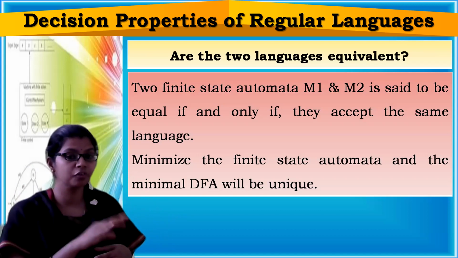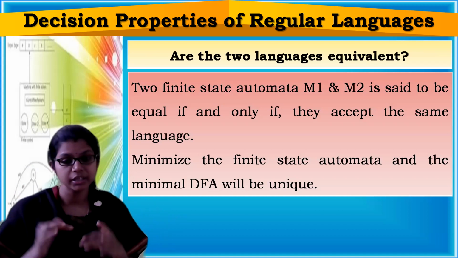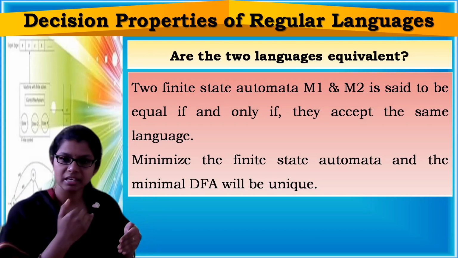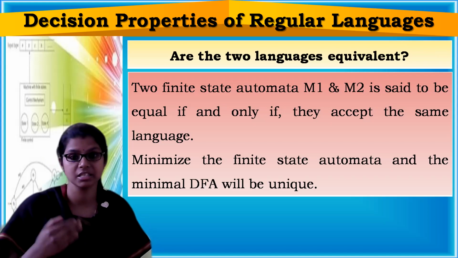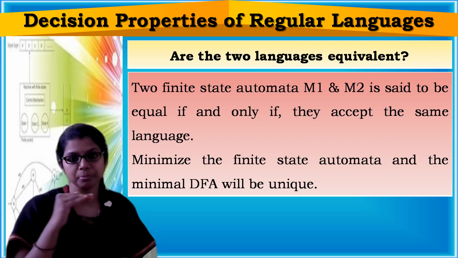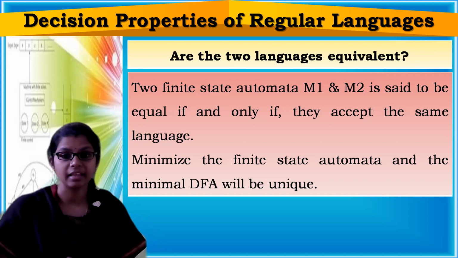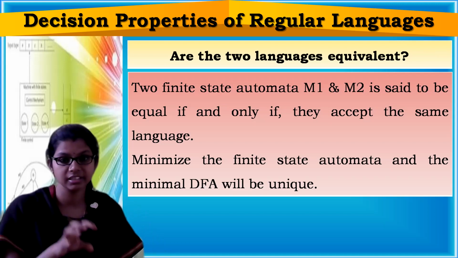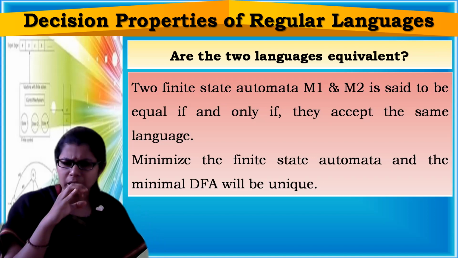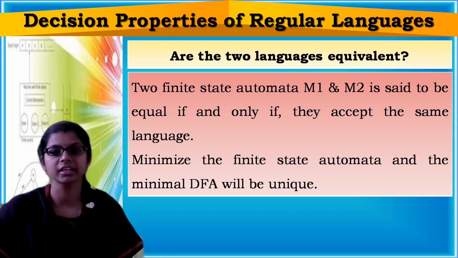So to find whether both finite automata are equivalent, you have to minimize the finite automata. There are some steps which you need to follow in the minimization of automata. You minimize the finite automata, and the minimized DFA will be unique.